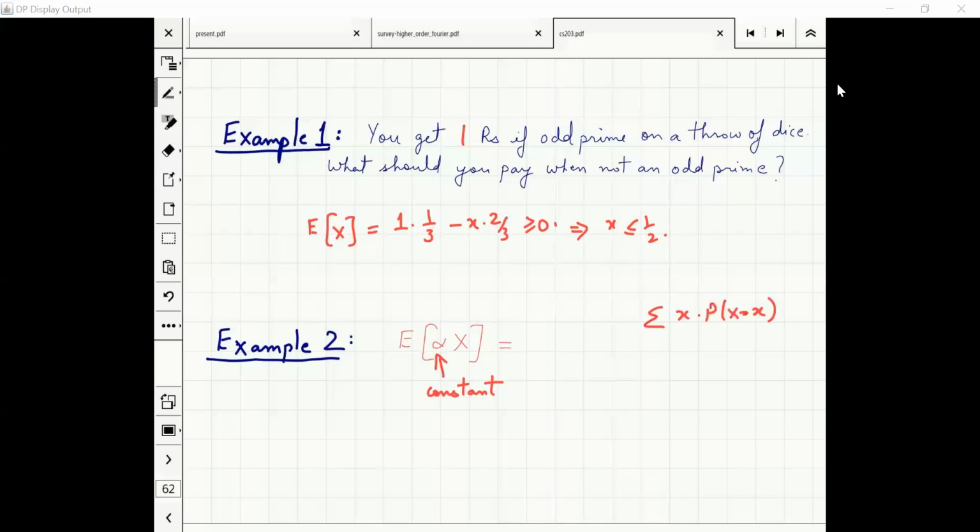If you are getting 1 rupee, now you are getting 2 rupees every time, right? That's the random variable 2X. You are getting twice as much in every experiment. Then what is your expected value? Twice as much. In general, alpha times expectation.